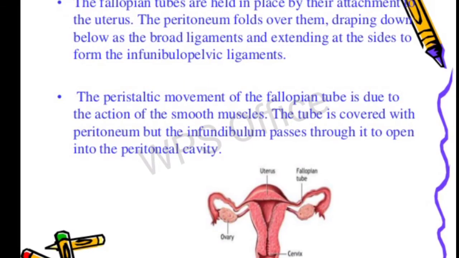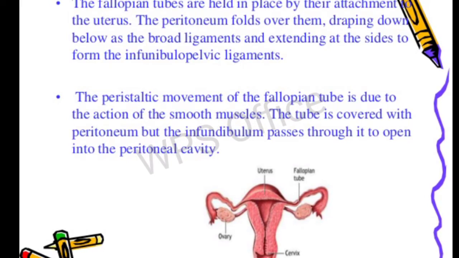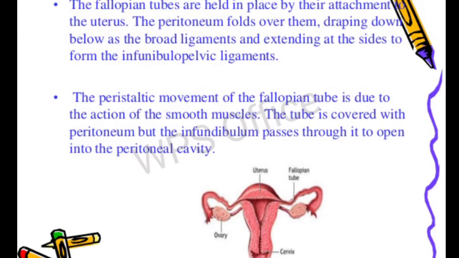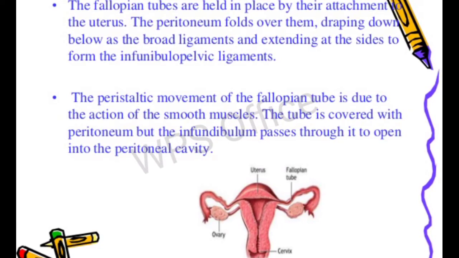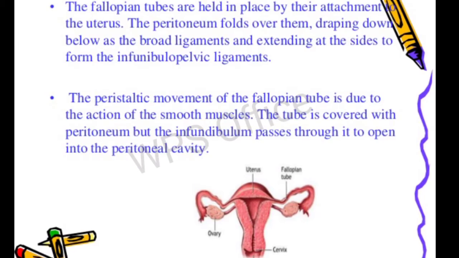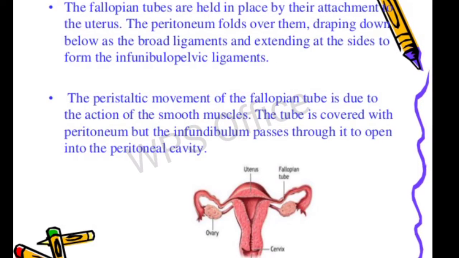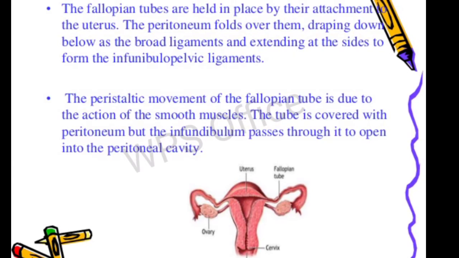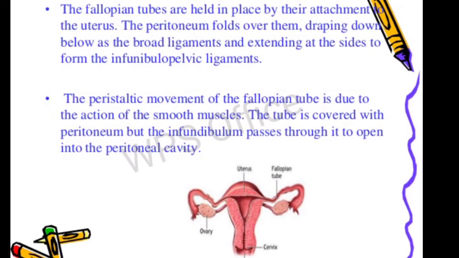So these fallopian tubes are supported by the attachment to the uterus. The peritoneum folds over them, dropping down below as the broad ligaments and extending at the sides to form the infundibulopelvic ligaments. Then the peristaltic movement of the fallopian tube is due to the action of the smooth muscles.